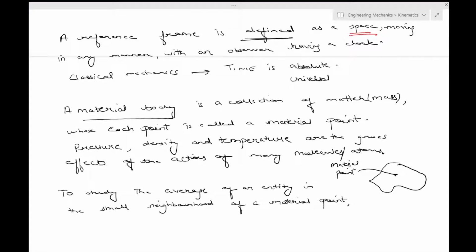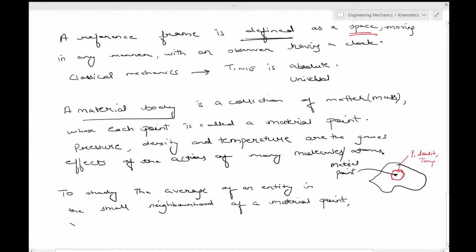So if you have this material point and this small neighborhood of this material point, and you want to study, say, the pressure or the density or the temperature in a small neighborhood of this material point, you require something called the continuum hypothesis.